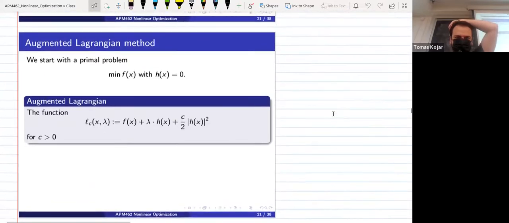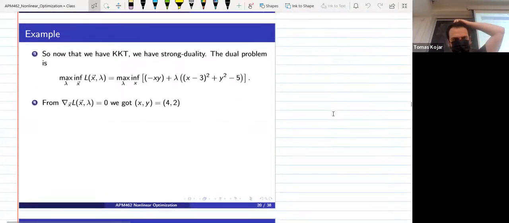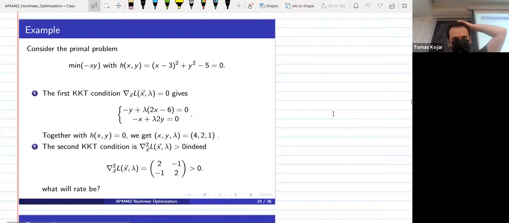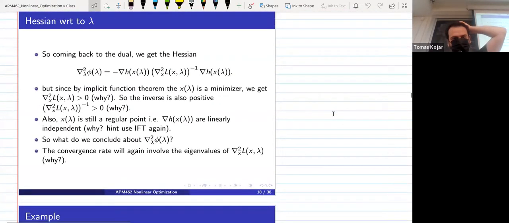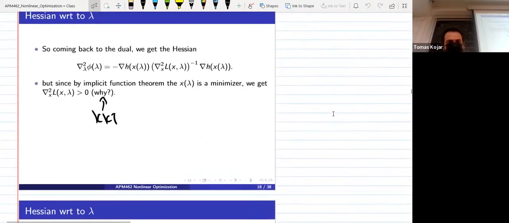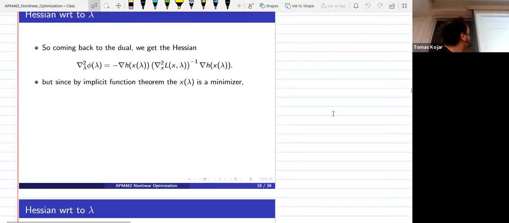Here's some beautiful stuff. We found the Hessian of the dual, and you might be asking, how do you know that KKT applies to it?